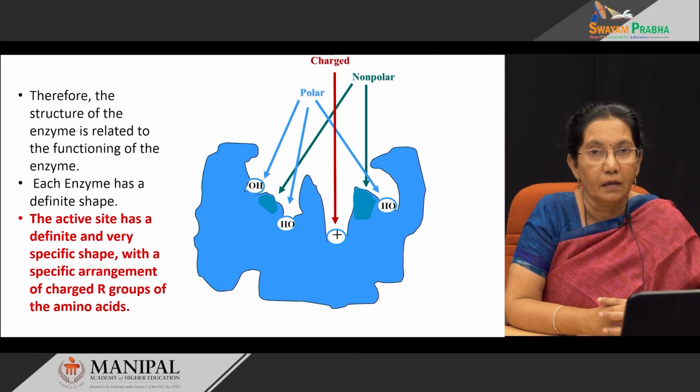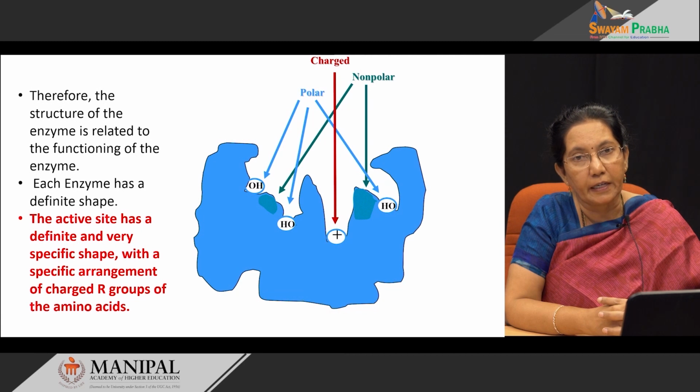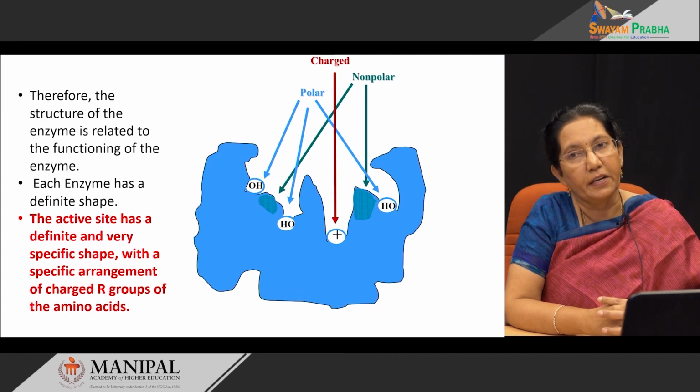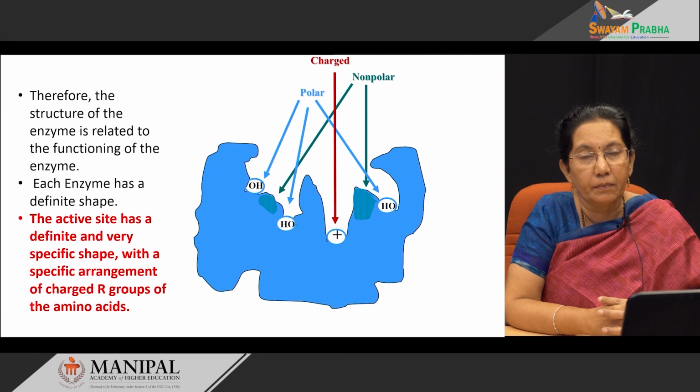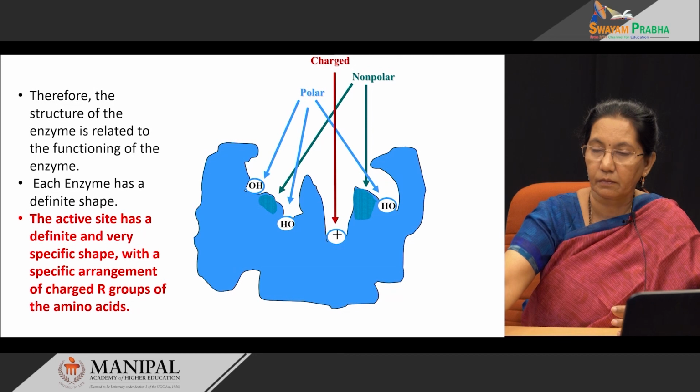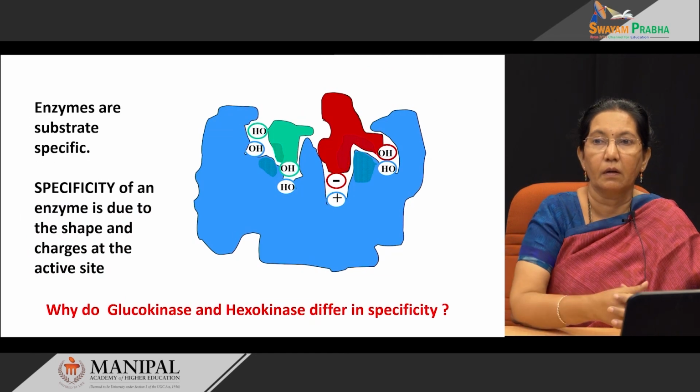So, you see, now we have an active site on an enzyme which has a definite shape and it has definite charges. And why does this happen? This happens because the protein has folded in a very specific tertiary conformation.